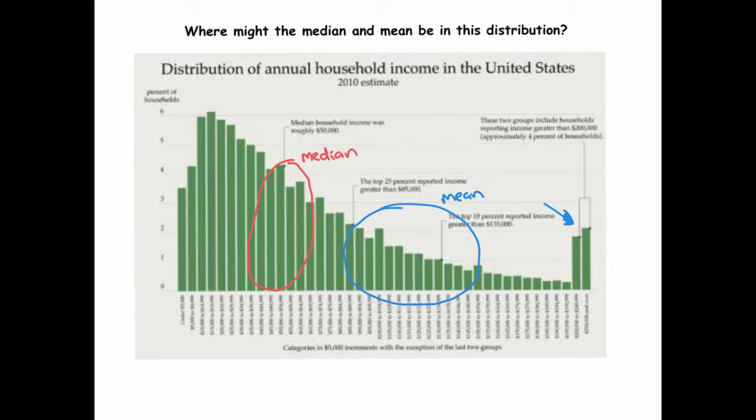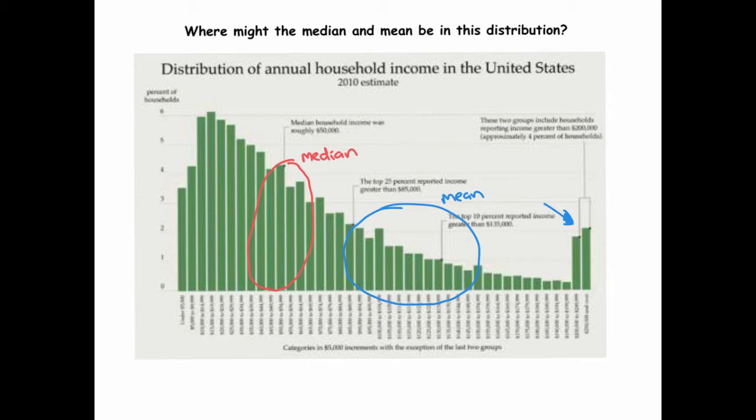That has some implications in terms of how we describe this data set, because let's just say, for instance, that the mean ended up being, I don't know, like $100,000. That's misleading when someone on CNN says, well, the mean income for people in the U.S. is $100,000.